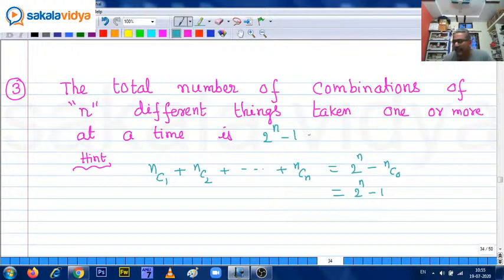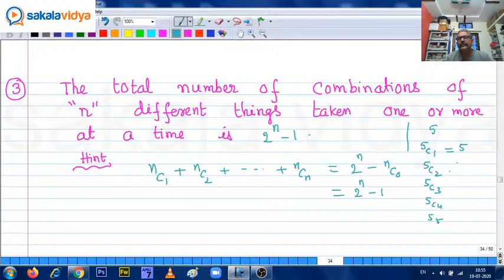So generally you may get confused about when to apply this kind of problem. For example, how many ways can you invite your 5 friends to dinner? 1 friend 5C1, 2 friends 5C2, 3 friends 5C3, 4 friends 5C4, 5C5 ways.